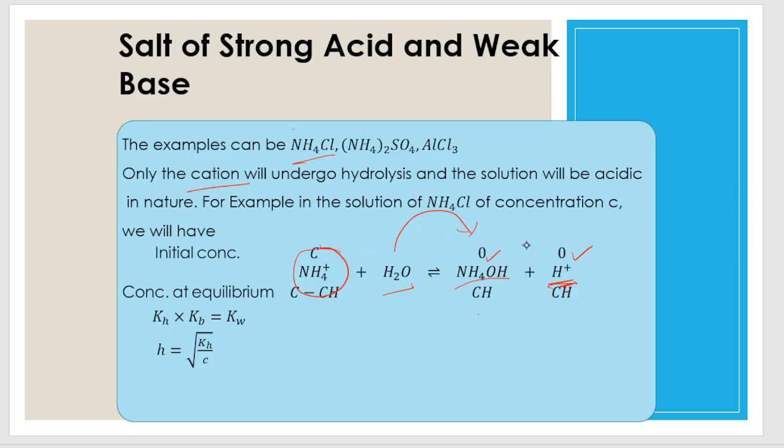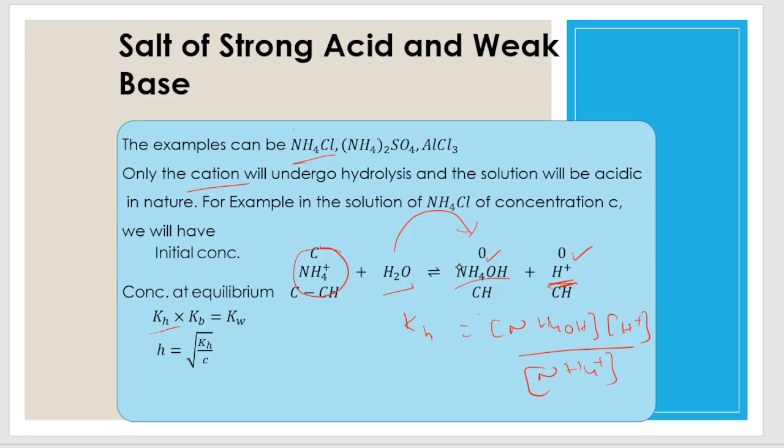The equilibrium constant of this hydrolysis is called the hydrolysis constant, represented by the letter Kh. If we write the Kh for this, Kh is the concentration of NH4OH times the concentration of H+ divided by the concentration of NH4+. We don't take H2O as it is very high, 55.55.